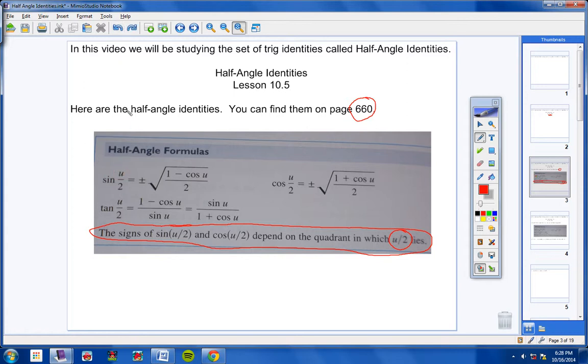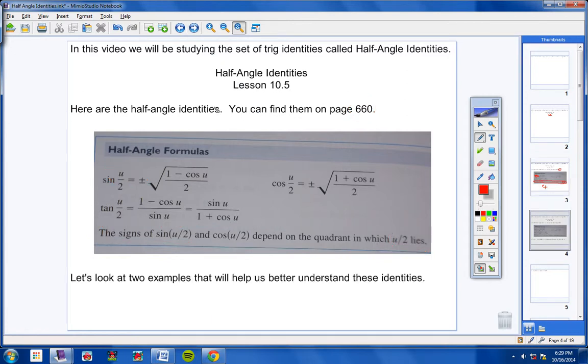Let's pretend we had 330 over 2, which is 165. What quadrant is 165 in? Quadrant 2. So what is sine in quadrant 2? It's positive, so you would use the positive. You always figure out what quadrant this entire expression is in, and then you'll know what sign to use. All right, having said that, let's look at two quick examples.